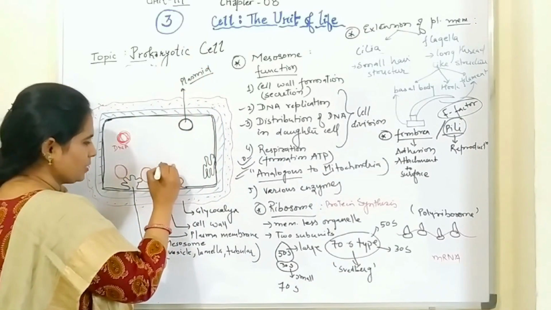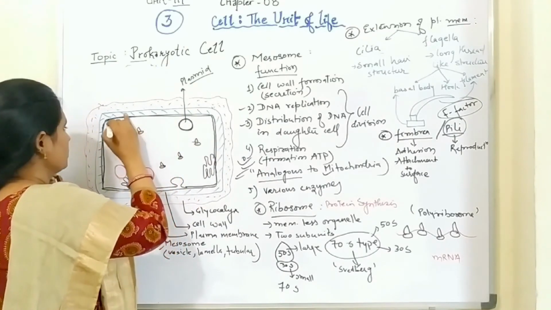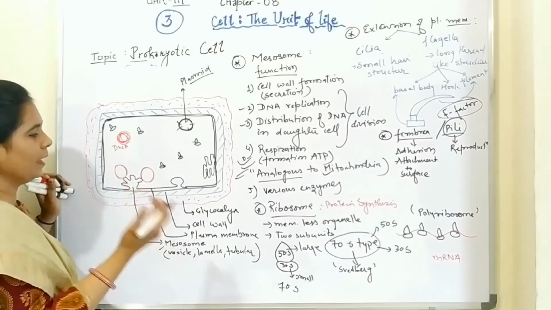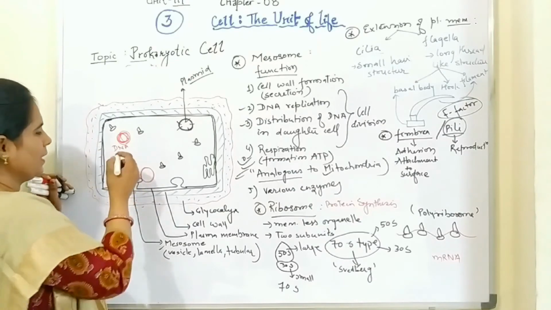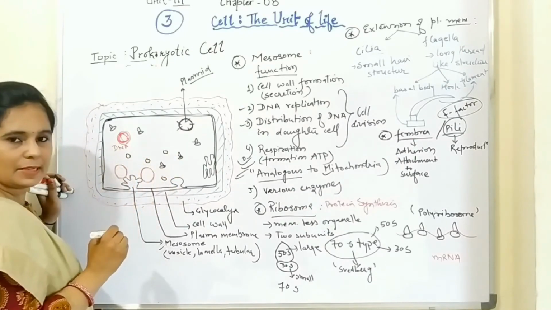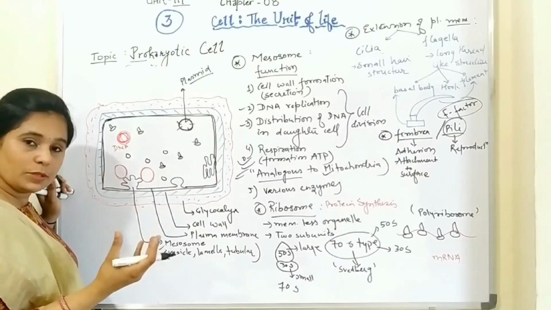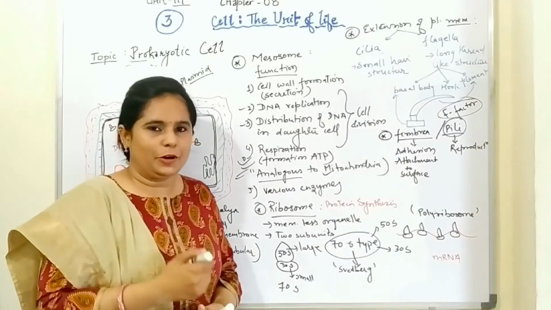Then here in the cytoplasm you will find many ribosomes scattered. इस तरीके से ribosomes present होते हैं. Then in cytoplasm again you will find chromatophores, which are carrying the pigments, and due to these pigments you will see color in the prokaryotic cell.